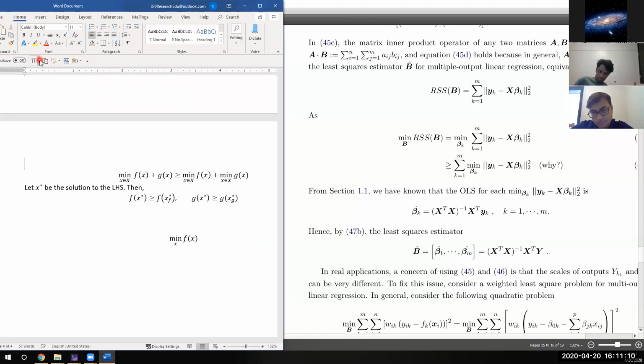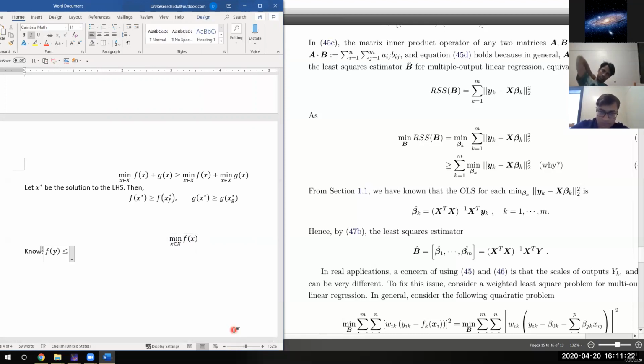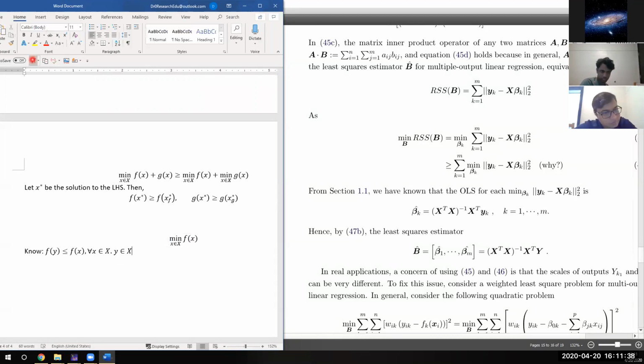What you know is that f(y) will be less than or equal to f(x) for all x in X. And you also know that y is in X. This tells you y is the minimizer of f.